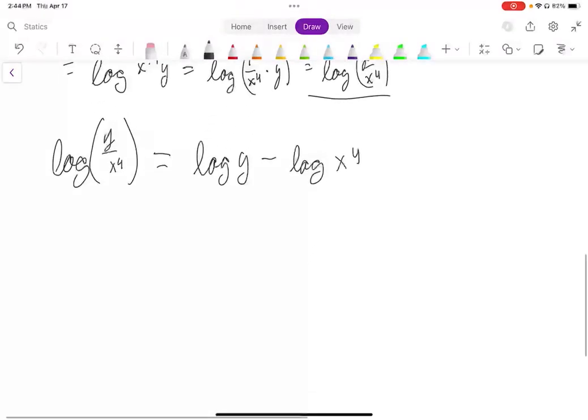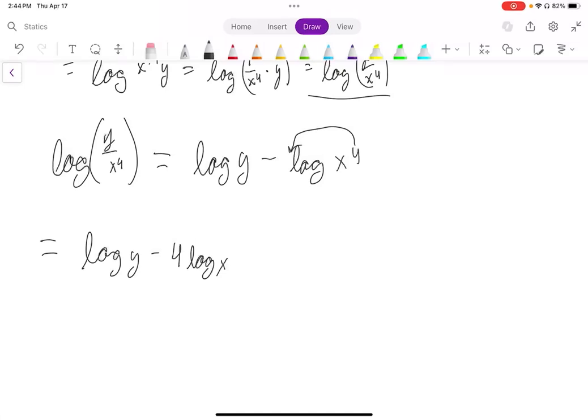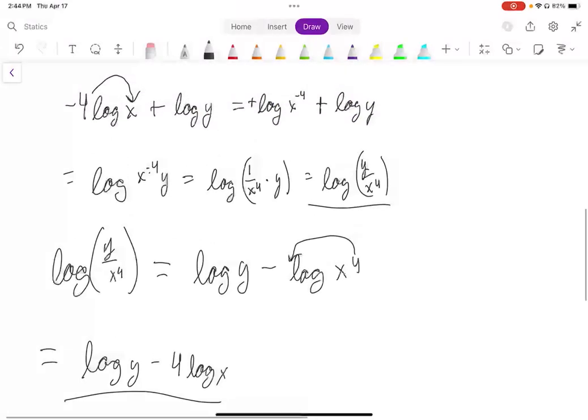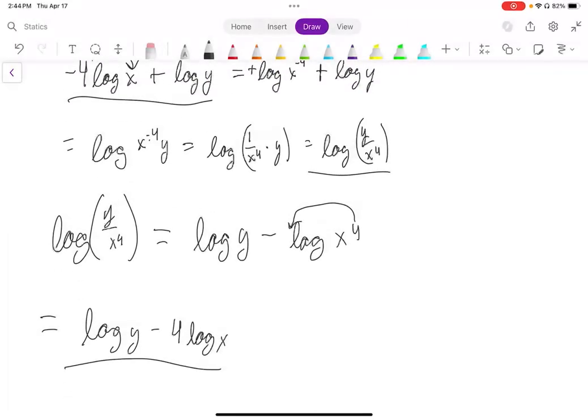If I keep going, I'm going to have log y minus 4 log x, since I brought this exponent to the front of the log expression. And if you notice, this is what we started with. However, I wrote it in a different order just to kind of keep you on your toes, because as we know, the addition and subtraction properties are commutative, so we can change their order around.